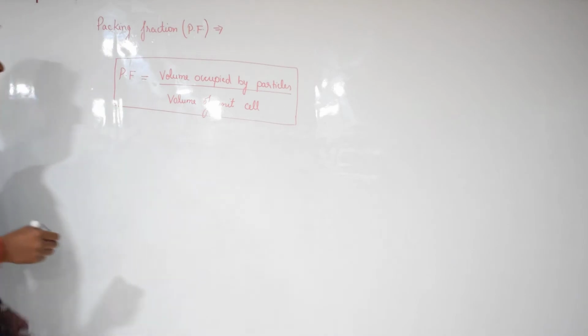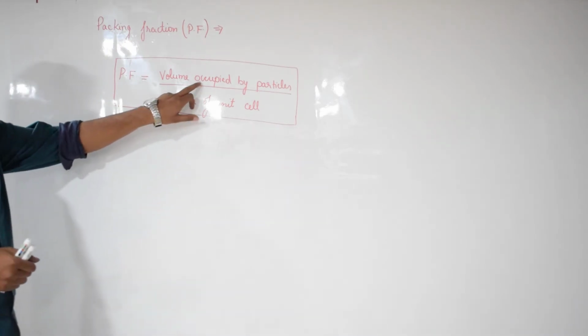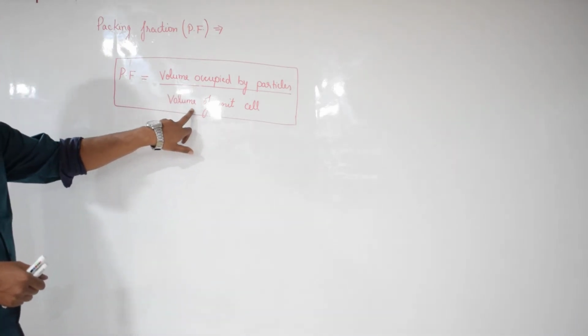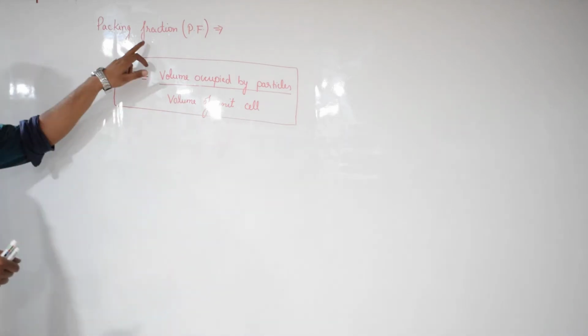This is the formula for packing fraction. Packing fraction is equal to volume occupied by particles upon volume of unit cell. This is the formula for calculating packing fraction.